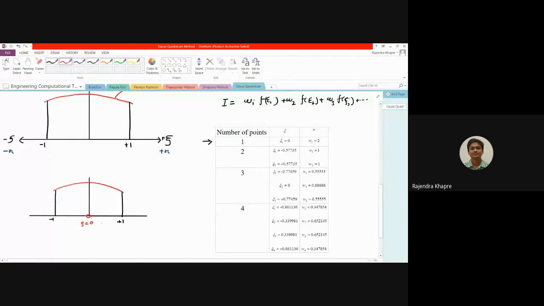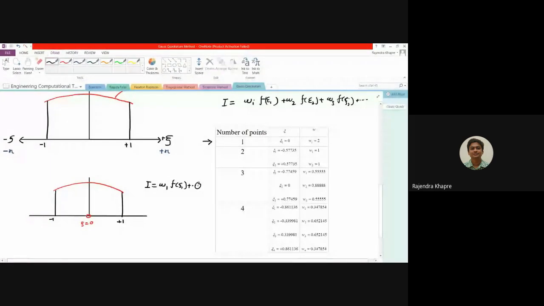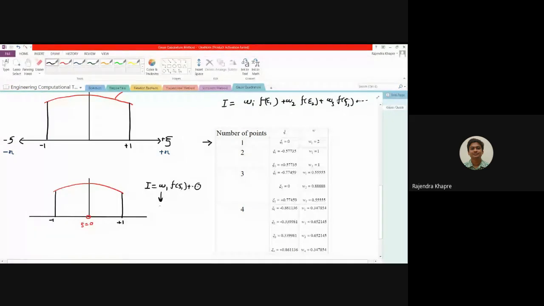Now as per the integration equation, your I value will be w1 into f of xi1, because the other points are 0, because we are using only one integration point. So what does this mean, w1 into xi1; as per this table w1 value is 2. So this value is nothing but 2.